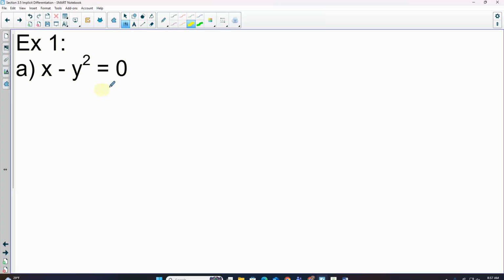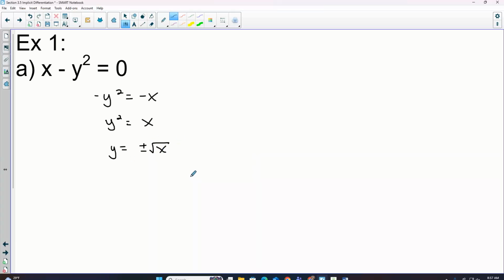What would you have to do if I asked you to solve it for y? And then we would square root. And when you do the square root, you would get a plus and minus with it.